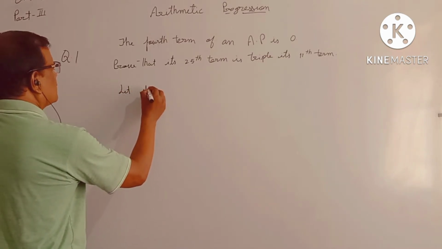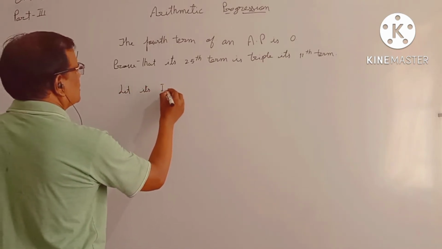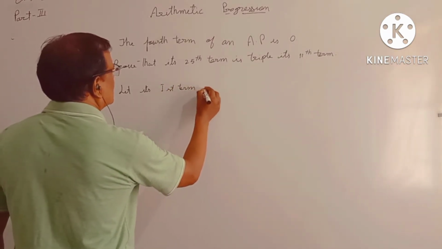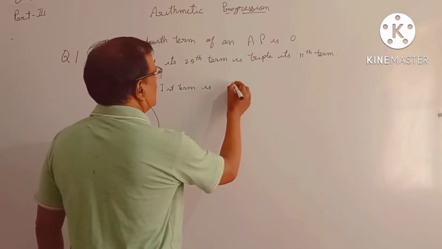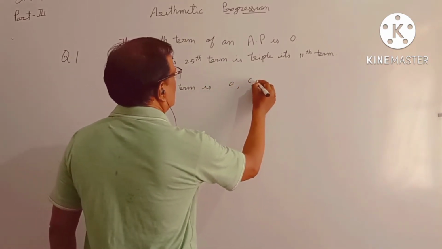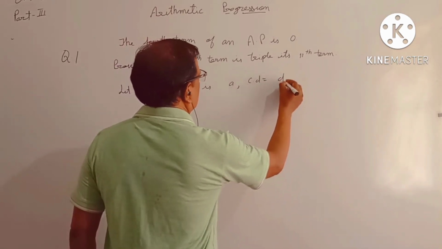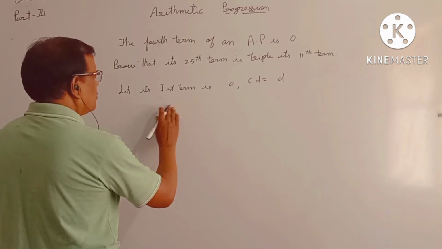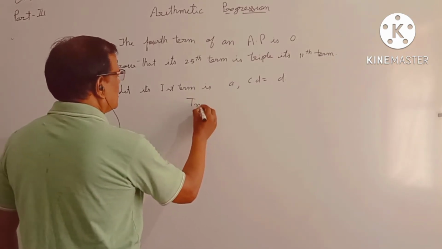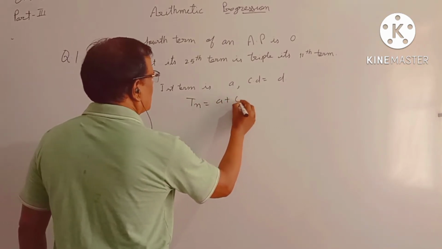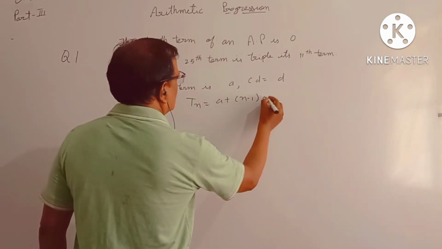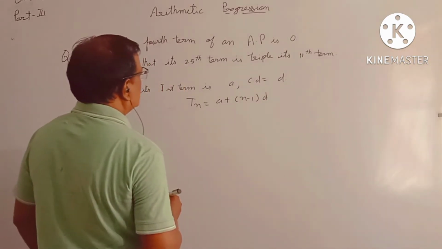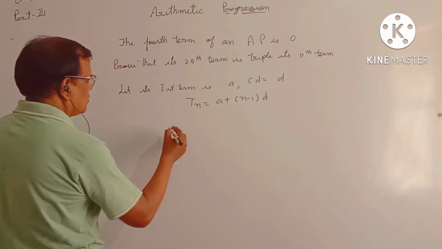Let the first term of an AP be A and the common difference be D. And we know Tn equals A plus n minus 1 into D. As given in the question, its fourth term is 0.